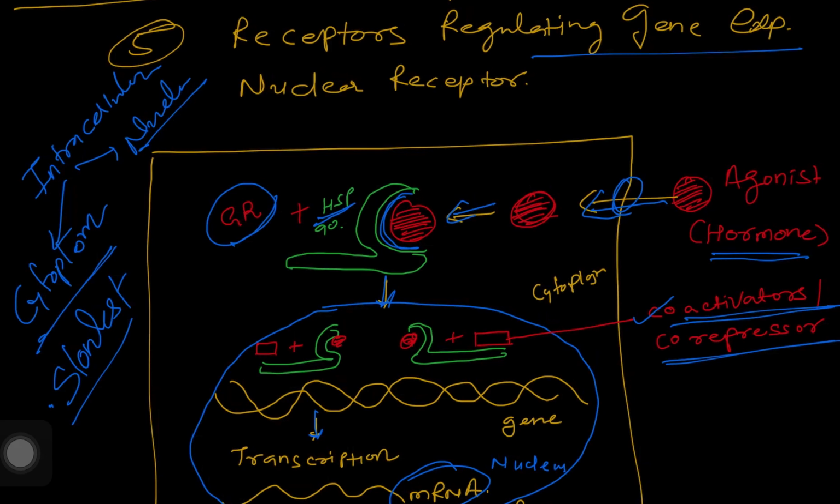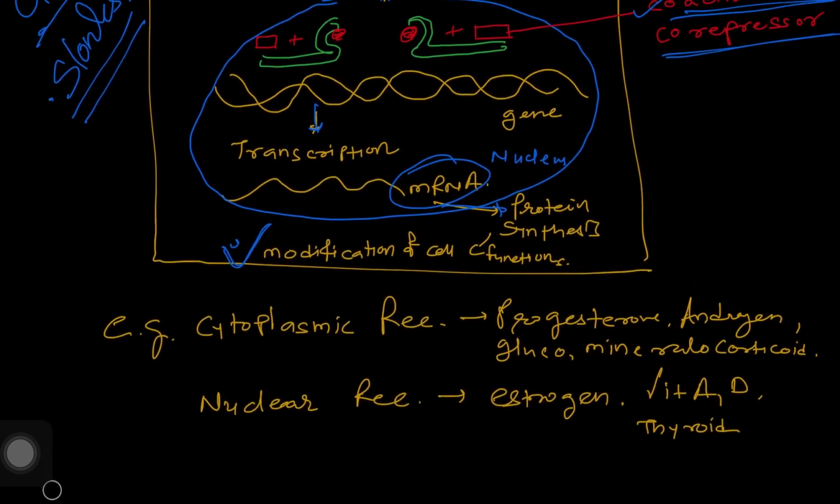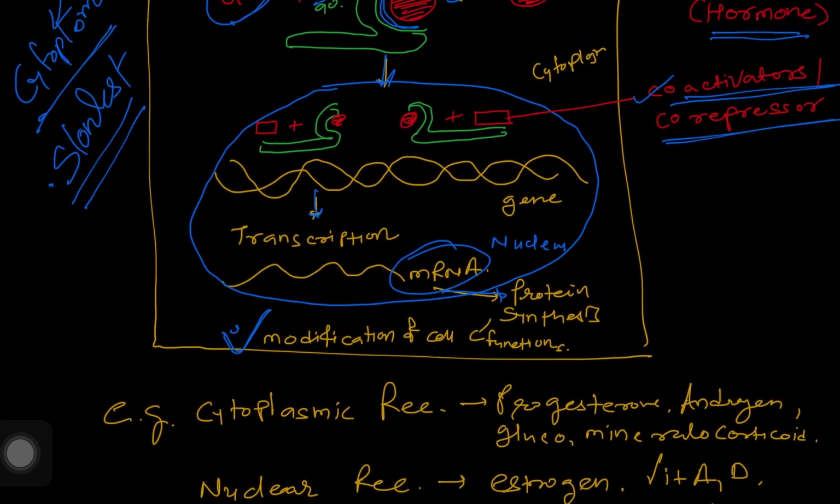Because there are multiple steps involved, these are the slowest acting receptors, and we have already divided these receptors into two parts depending upon their location. If the receptors are in the cytoplasm, these are called cytoplasmic receptors.